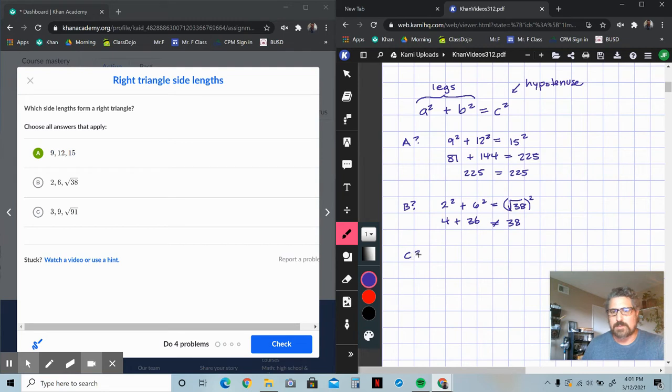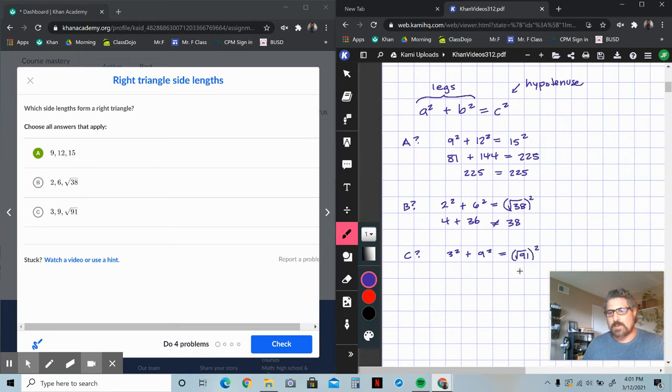And then we're looking at investigating C. You're going to ask, is 3, 9, and the square root of 91 going to work? The square root of 91 is between 9 and 10, because 10 times 10 is 100 and 9 times 9 is 81. So it's bigger than 9, so this is your hypotenuse. Now we're looking at 3 squared plus 9 squared. Is that equal to the square root of 91 squared?